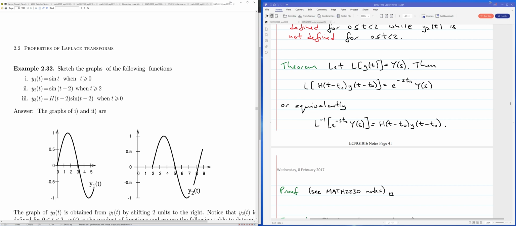And this t0 constant is the t0 that's showing up in your Heaviside here.